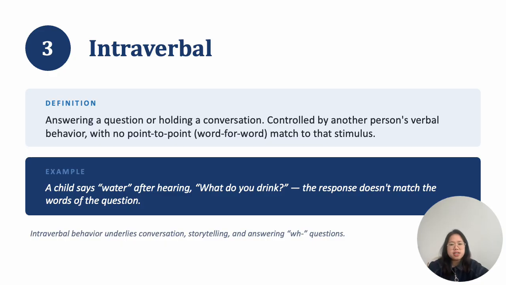Notice the response doesn't match the words of the question at all. The intraverbal is what underlies conversation, storytelling, and answering WH questions. It tends to be one of the more fragile repertoires in learners with language delays, so we assess it carefully and separately from the tact and mand.